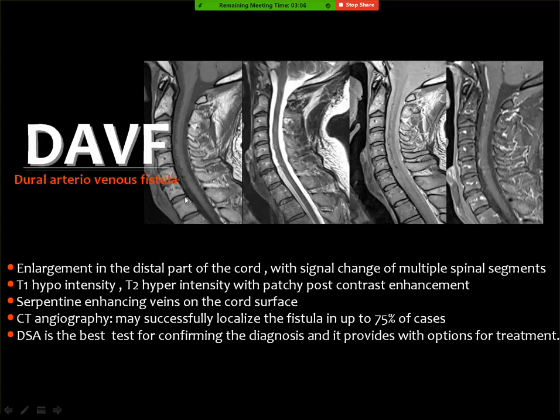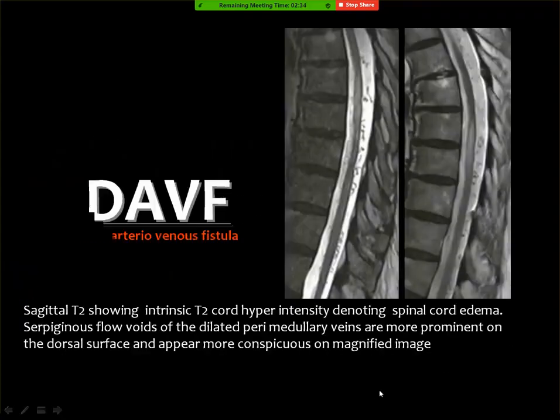But if you look carefully in the T1 and you see this vessel, which is abnormal, and in the T2 weighted image, which is an important factor, you can see that the cord is not normal. The cord is edematous or ischemic. And in the gradient image, which is better for detection of the vessels, you can see the vessel clearly. And after injection of contrast, you can see the enhancement.